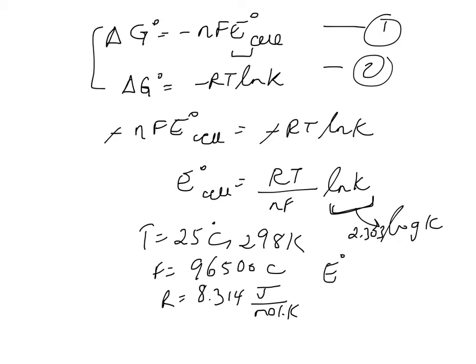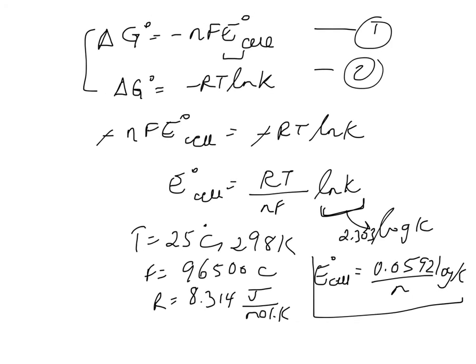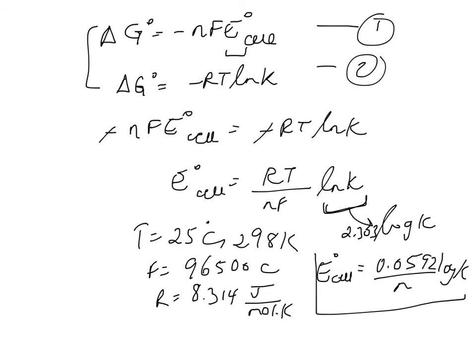Your E0 cell value will come out to be 0.0592 divided by n, the number of electrons transferred, times log of K. That gives us a direct relationship between the equilibrium constant and the E0, and we can use that to figure out whether the forward reaction or the backward reaction is going to proceed.